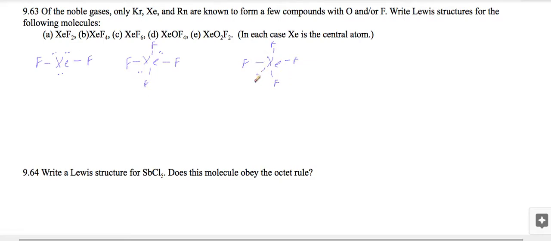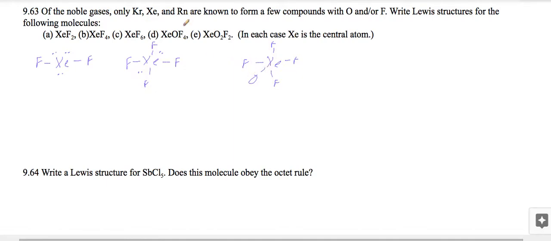And then we have here, is there one or two? One oxygen there. So there's the oxygen. Now we can start looking at our work here.